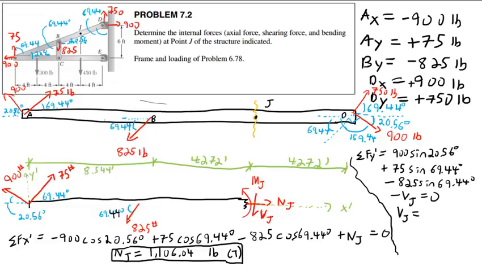No, I don't need to put a negative 900 here because I already took care of that due to the way I drew them here. Oh, okay. So 900 times the sine of 20.56 plus 75 times the sine of 69.44 minus 825 times the sine of 69.44.